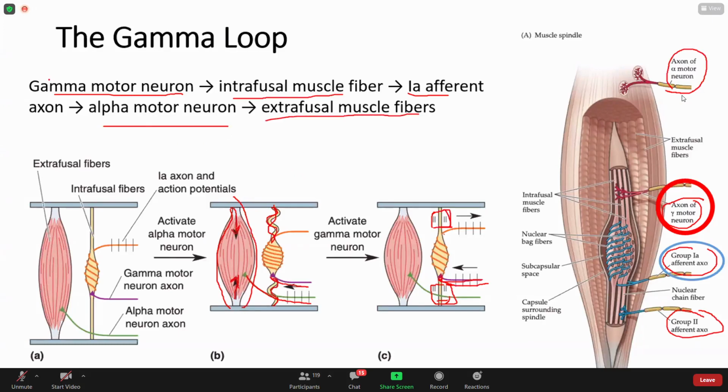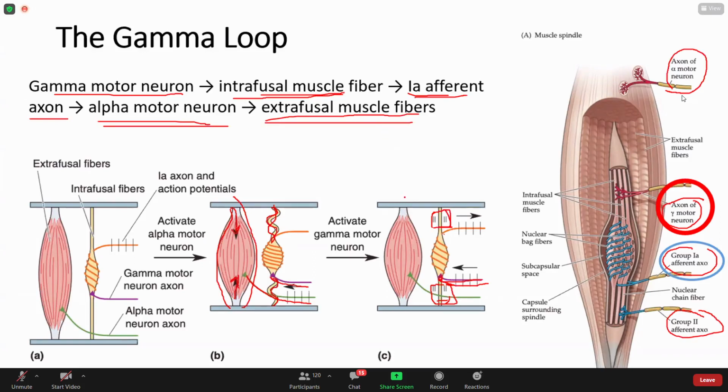So it's like a loop. There is a gamma activation. This would lead to the contraction of the intrafusal muscle fiber. This will make the sensory neurons more active, which again will go to the dorsal horn, synapsing into the alpha motor neuron to bring an action on the extrafusal muscle fibers.